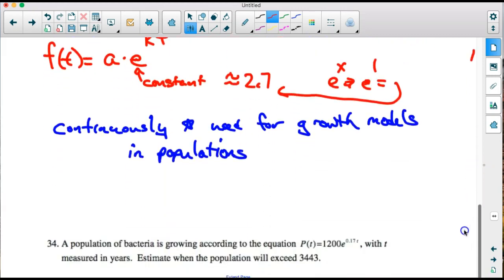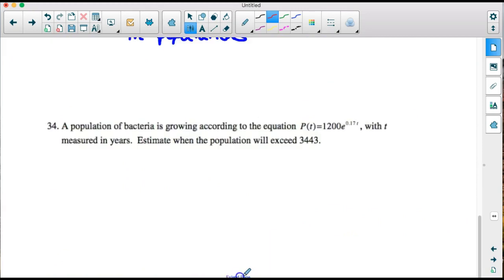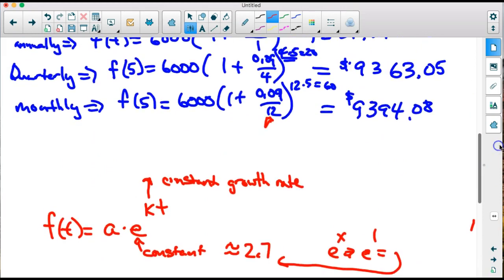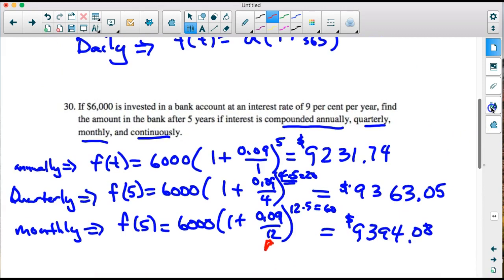Okay, so here's my last question. Oh, I'm sorry, we didn't compute this one continuously. Let's go back and do our continuous model. It would be 9% per year.